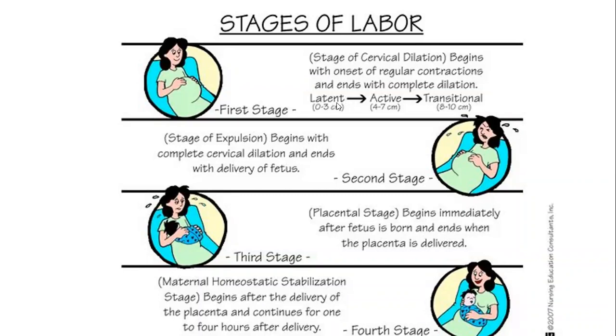It is subcategorized into latent, active, and transitional. The latent phase is 0 to 4 centimeters, the active phase 4 to 7 or 8 centimeters, and transition 8 to 10 centimeters. In stage 1, we also check the presentation, effacement, and station.